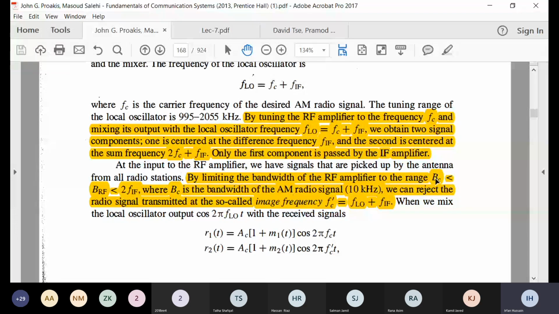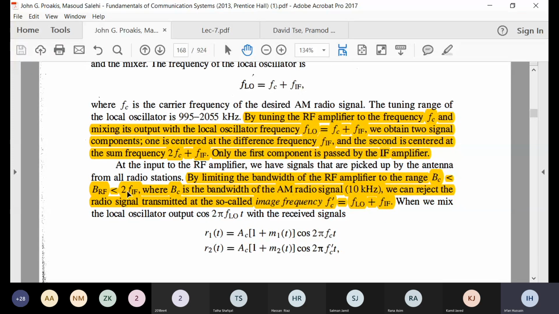When the signal has been modulated to a higher frequency, this BC will be 10, double the frequency. So it is greater than 10 kilohertz, but it has to be less than 2 IF. If it is less than 2 IF, then the image frequency will be rejected. BC is the bandwidth of AM, which is now taken at 10 kilohertz. So then we can reject the image signal.